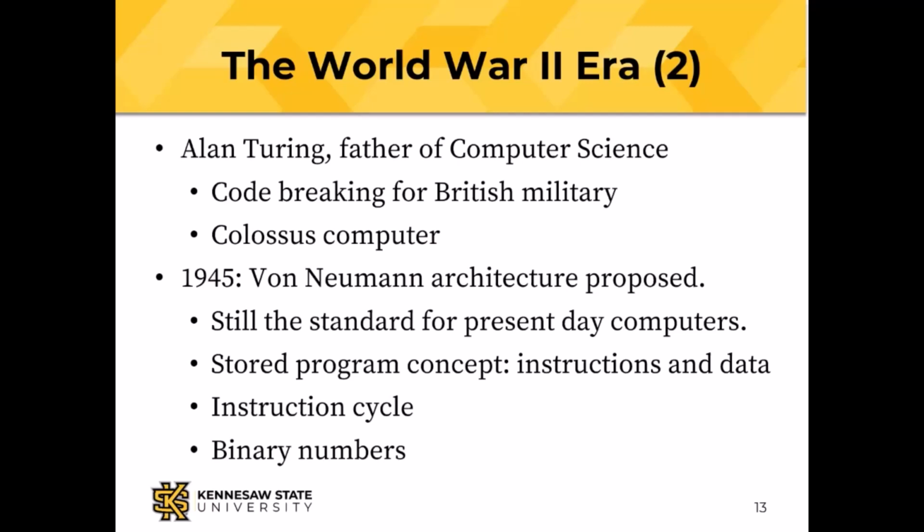And von Neumann said, you know, if we use those 10 vacuum tubes for binary digits, we can go from 0 to 1023 instead of from 0 to 9. We got much more expressive power out of our digital circuitry that way.